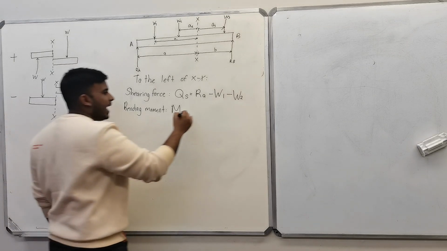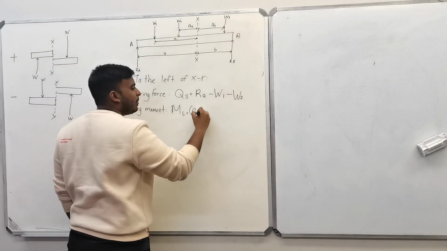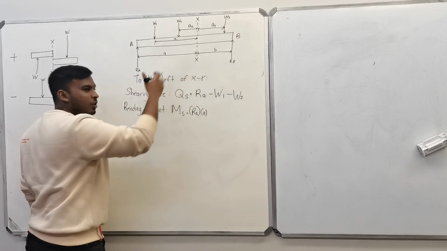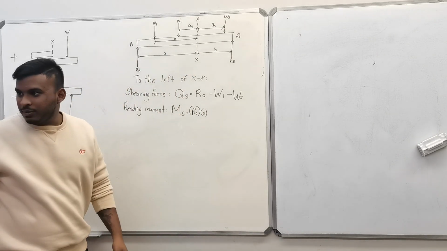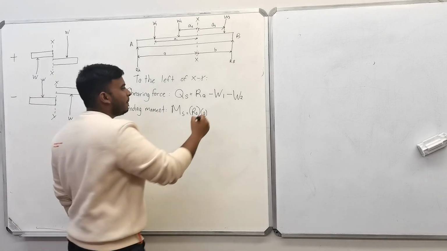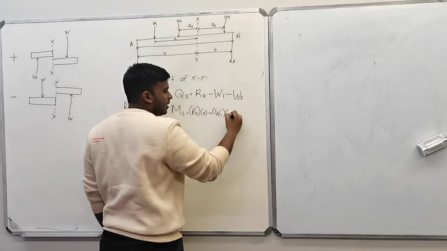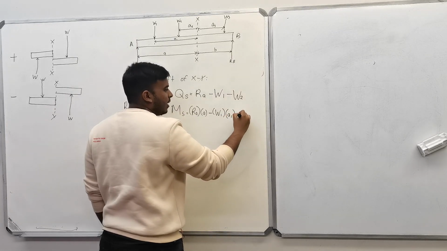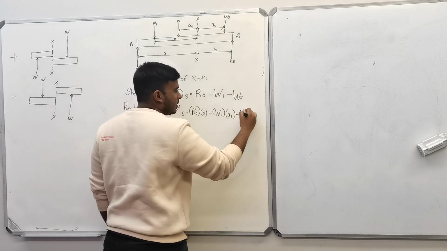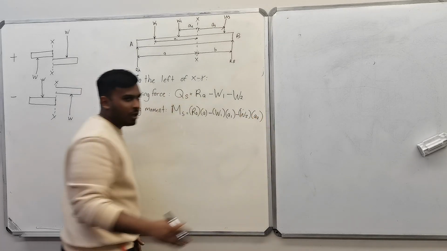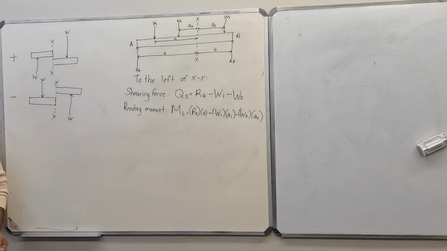So you would say RA multiplied by A, because it's this distance A away from where it fractured, minus W1 times A1 minus W2 times A2. And that will give you the bending moment to the left.